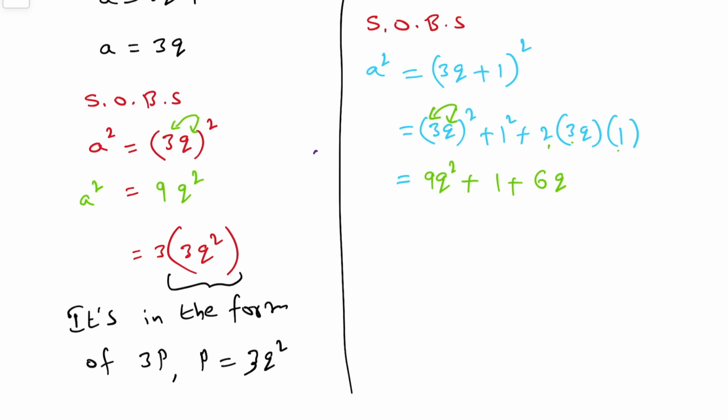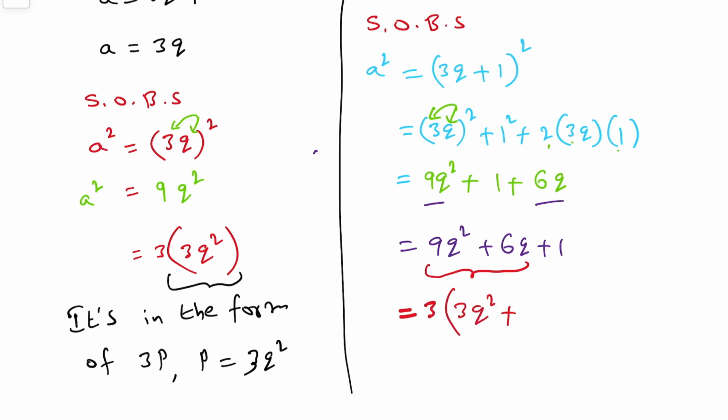Now I will write this 9Q square and 6Q together and 1 separately. So that will be 9Q square plus 6Q plus 1. According to the question, everything should be in the form of 3p plus 1. It means number 3 should be there, right? So from 9Q square and 6Q, I will take out 3 common. So what it will become then? 3 3s are 9Q square plus 3 2s are 6.